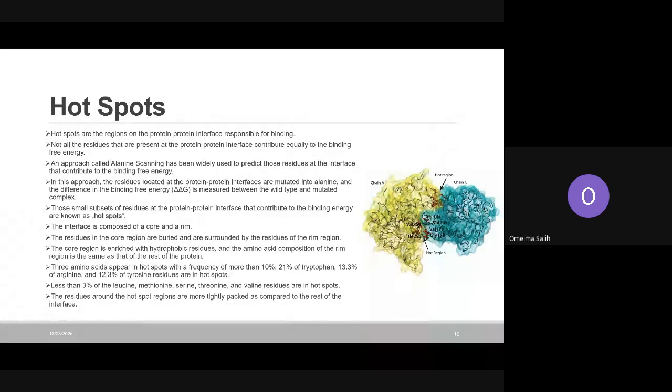As I mentioned, in very simple words, these are the types of amino acids that have high binding affinity, leading to a tightly packed interface between two polypeptides or more than two, and these are specific types of amino acids with high frequency found within the interface, which are tryptophan, arginine, and tyrosine.